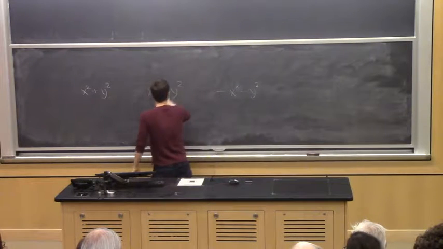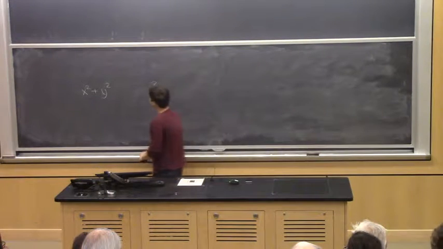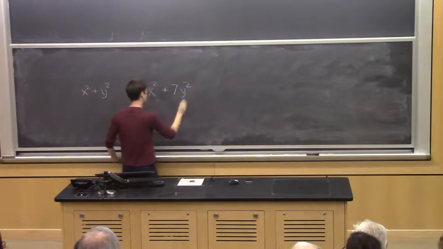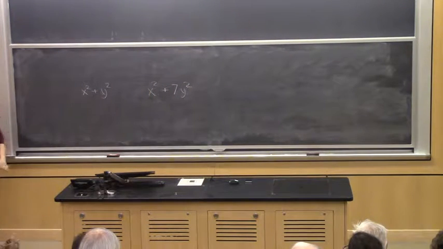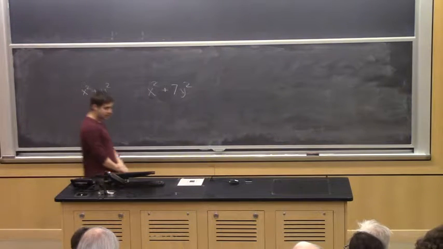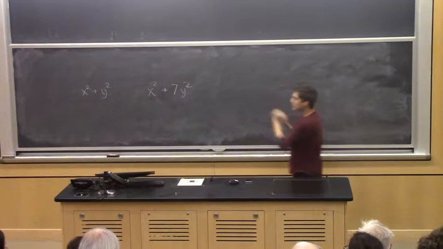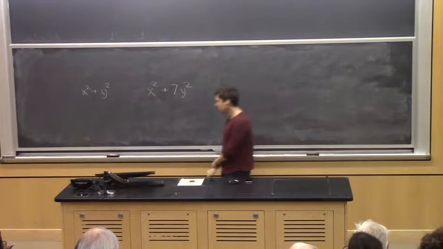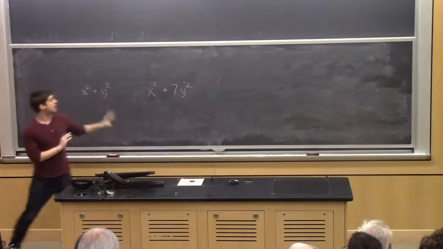So let me give you another example. x squared plus y squared, and say x squared plus 7y squared. So these are, again, quadratic forms with integer coefficients. And over the real numbers, these are equivalent to each other, because you can multiply y by a square root of 7. But over the integers, they're not equivalent.